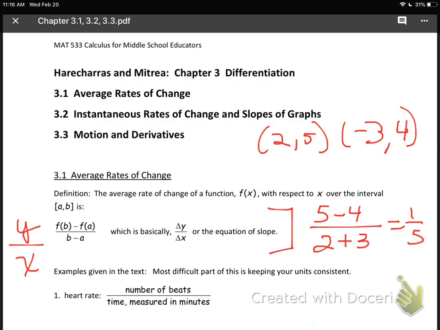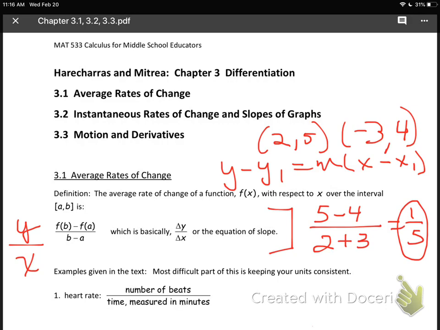It's a positive slope. So what I'm going to do right now is show you the form of a line that we will use most often in calculus, and that is y minus y1 equals m times x minus x1. So once you have your slope, can you give me an equation of that line connecting those 2 points?